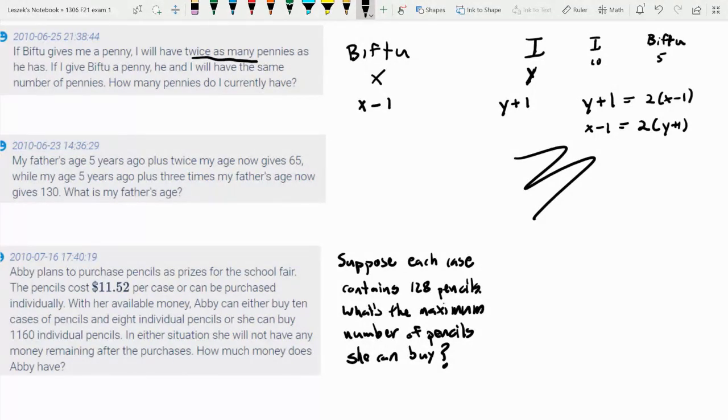You need Biftu's. 2 times 5 would give you 10. I have 10, they have 5. So you have to multiply Biftu's amount to get my amount. So it's actually the first one here. So we have the equation that y plus 1 is equal to 2 times x minus 1.